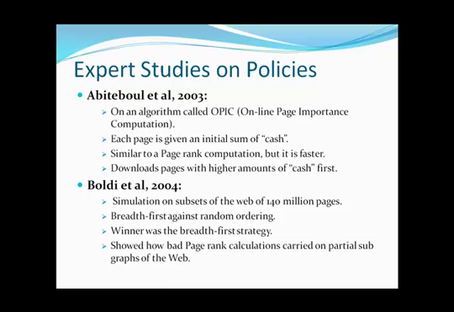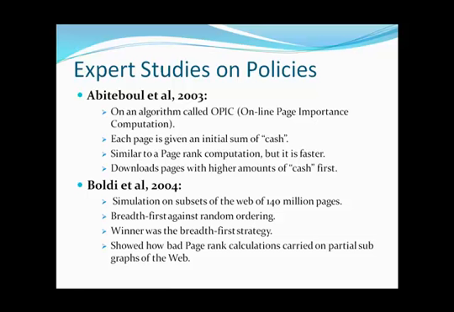It is similar to a PageRank computation, but it is faster and is only done in one step. An OPIC-driven crawler downloads first the pages in the crawling frontier with the higher amount of cash. However, there was no comparison with the other strategies, nor experiments in the real web.